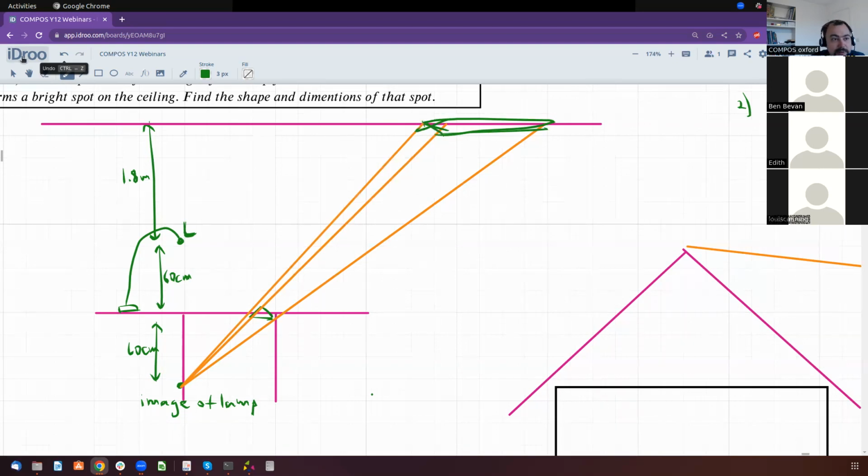Sorry, I meant to draw it the other way around, but it doesn't matter. So you have bam, bam. It's a triangular bright spot.